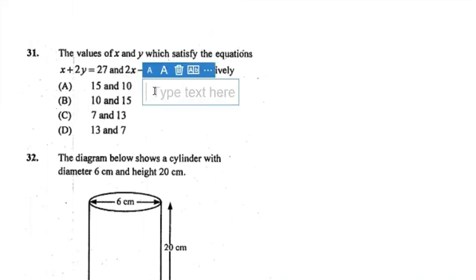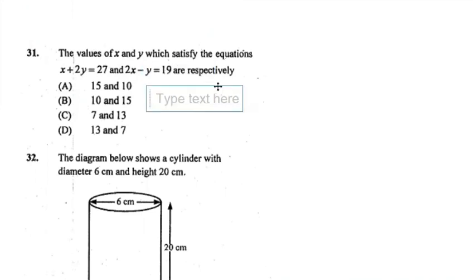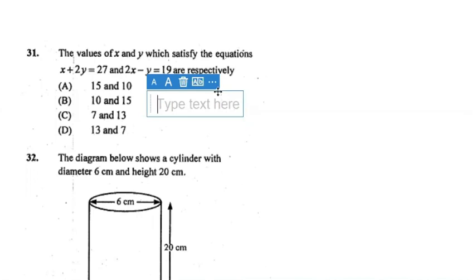And when you do that, the only one that will correspond is 13 and 7, where 13 plus 2 multiplied by y, where y is 7, so it is 13 plus 14 is equal to 27, and that is the same for 2x minus y. So it is 2 multiplied by 13 to give us 26 minus 7, and that will equal to 19.